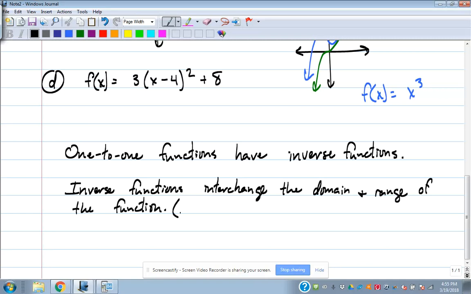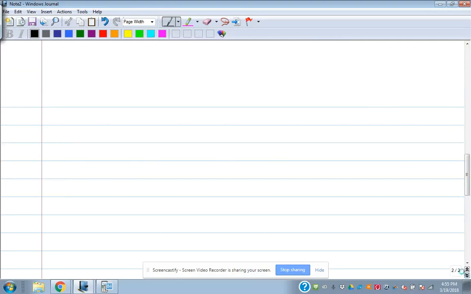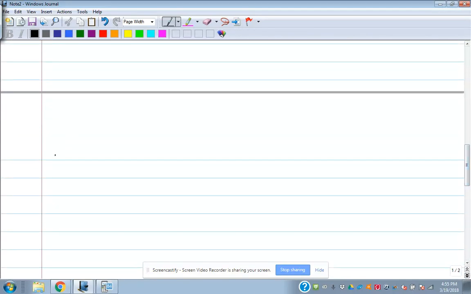The good old country boy way of saying that is they swap x and y. We traded out x's and y's. That's what an inverse does. So with that being said, let's look at a function, letter E. It's a little weird looking for us to write it as f of x, but it works that way.